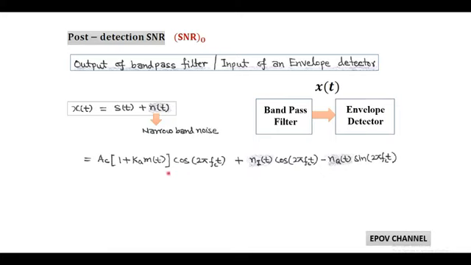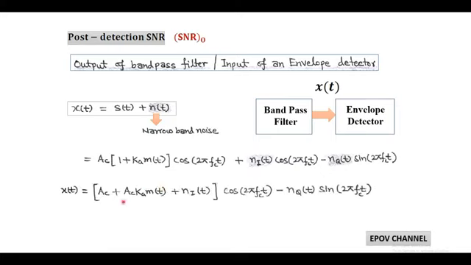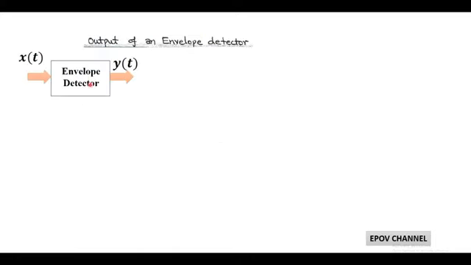Now combining the first and second common term, we get x(t) equals [Ac + Ac Ka m(t) + nI] cos 2πfct minus nQ sin 2πfct. Now using envelope detection as shown in figure, it consists of series diode and RC filter.